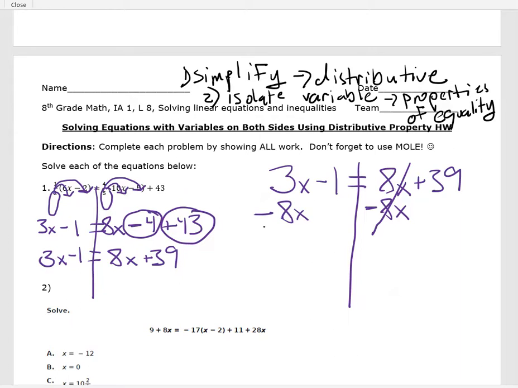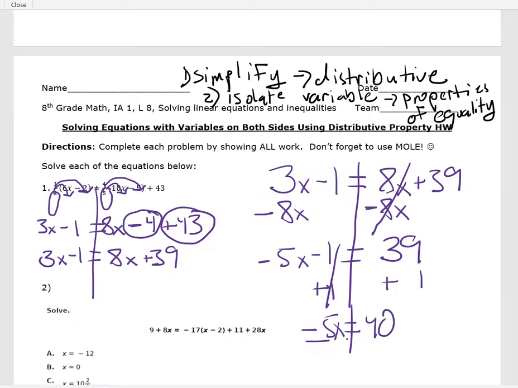So now I'm left with 3x minus 8x is going to give me -5x minus 1 is equal to 39. I'm going to add 1 to both sides, and I'm left with -5x equals 40.